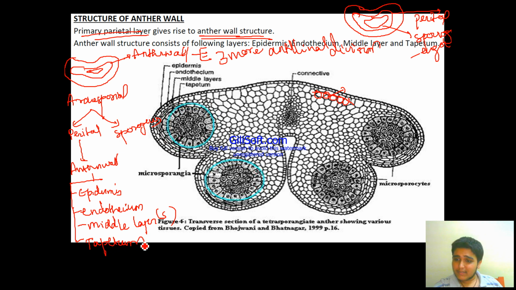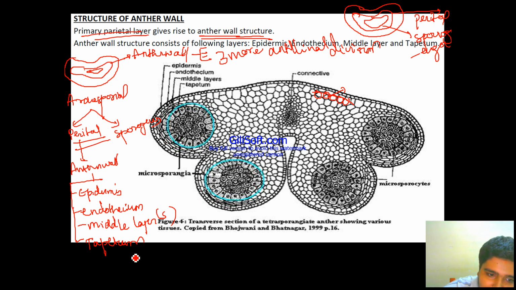Now these are the 4 layers formed by which one? The parietal layer. Now parietal layer does not exist anymore. It has completely converted and formed epidermis, endothecium, middle layer and tapetum. Now the parietal layer has got no existence. Right? But we still have a sporogenous layer. So basically now what is the anatomy?